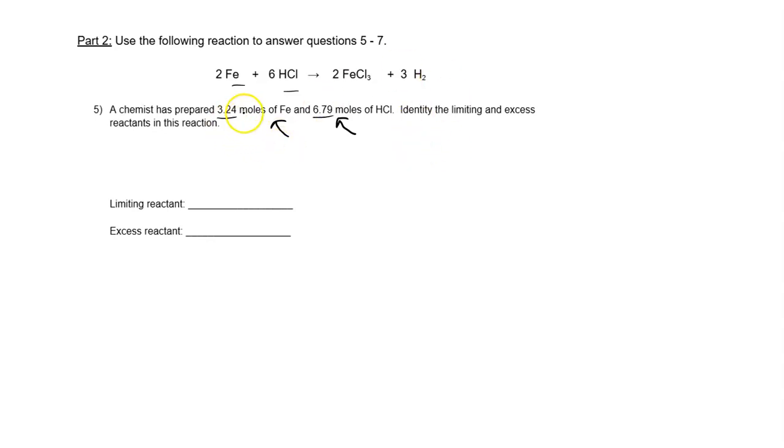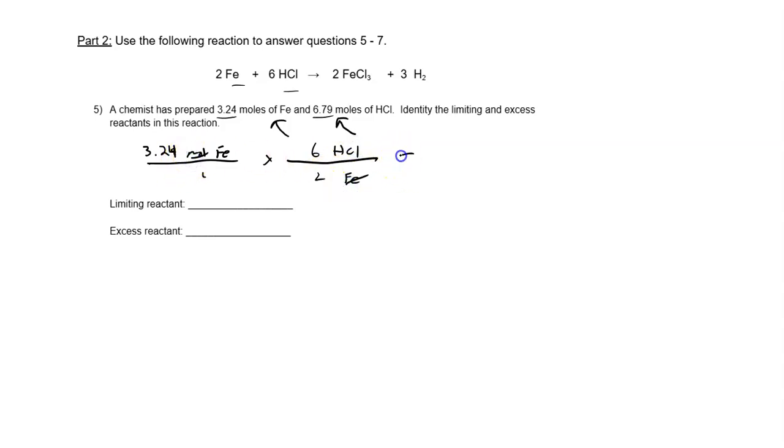So let's just do this. Let's just say I'm going to use my 3.24 moles of iron as my starting point. 3.24 moles of Fe over 1 times, so how much HCl do I need in order to use all of that iron up? So I'm just going to go to 2 Fe for every 6 HCl, right?